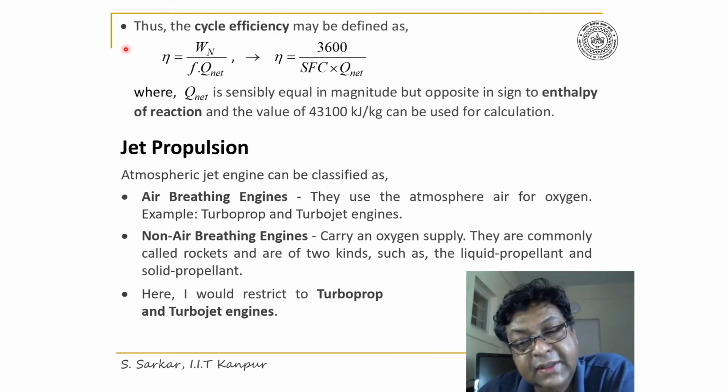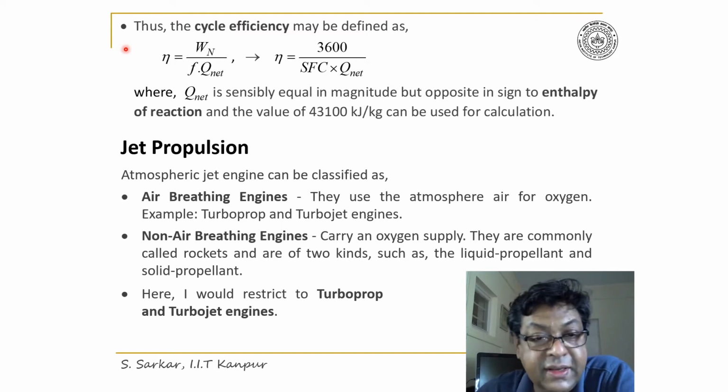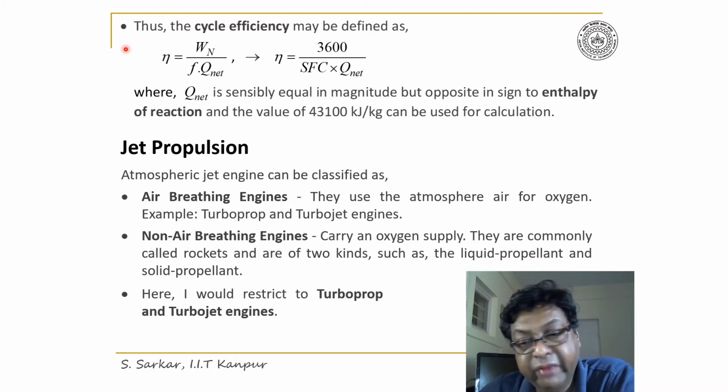Thus, the cycle efficiency may be defined as eta equal to Wn divided by F into Q net, where Wn is the specific power output, F is the fuel air ratio, and Q net is sensibly equal in magnitude but opposite in sign to the enthalpy of reaction.